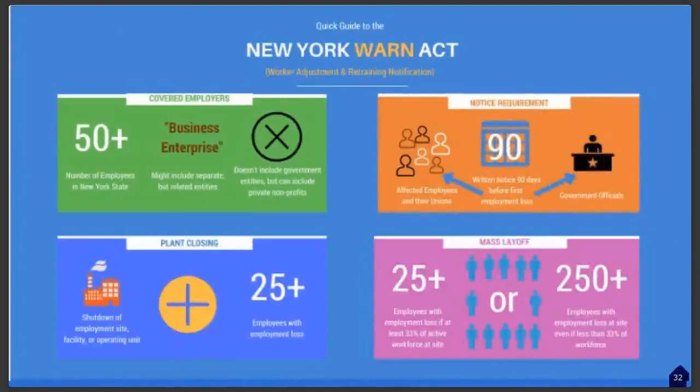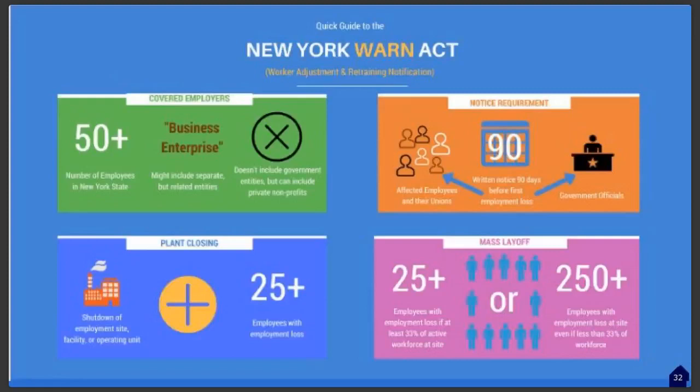Under the New York WARN Act, again, a business enterprise is covered if it has 50 or more employees in New York. Notice, if required, has to be given by default at least 90 days in advance, unless one of the exceptions permits a shorter notice period. Assume the notice or the exceptions will be applied narrowly and usually won't protect you.